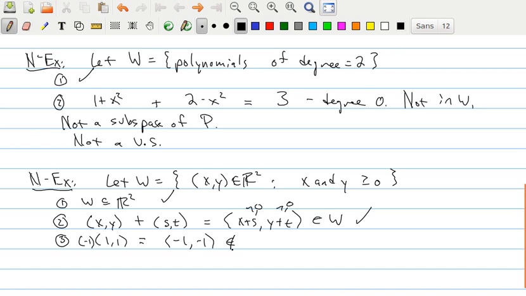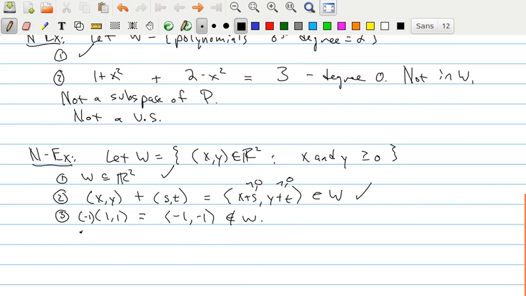So this is not in W. So that means W is not a vector space. And in particular, it's not a subspace of R2. So this gives us a pretty quick way to test whether or not something is a vector space.